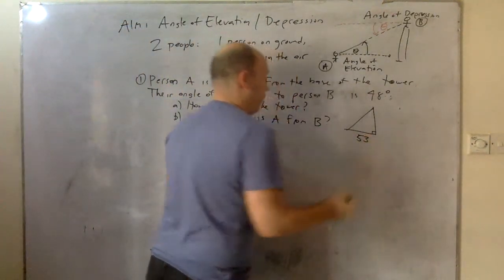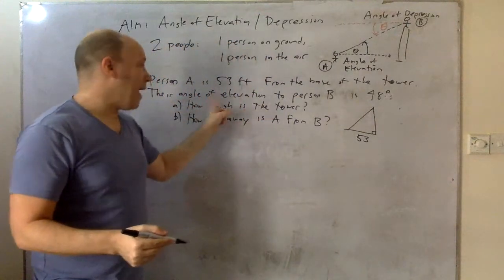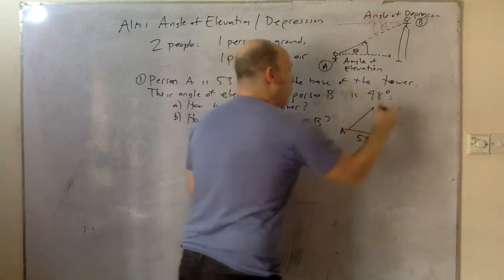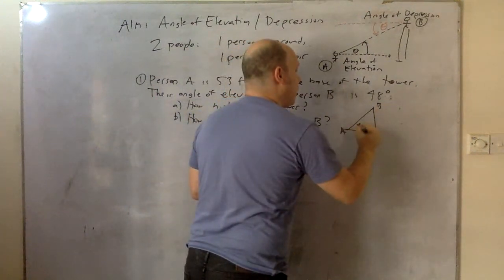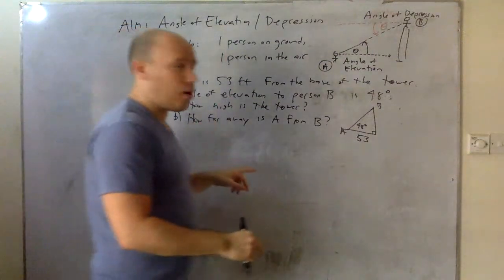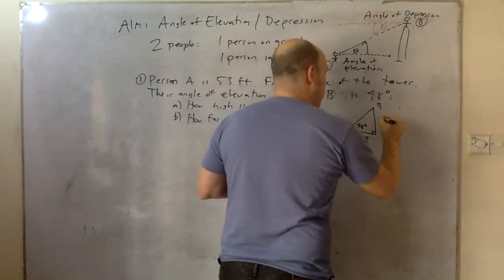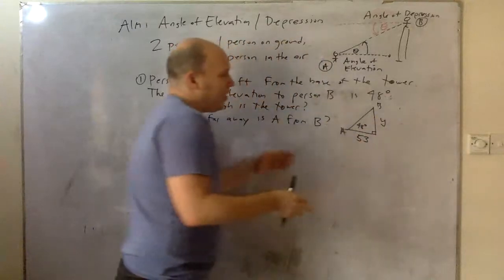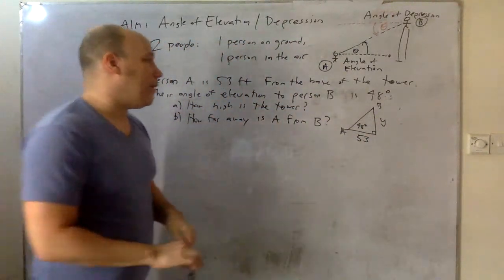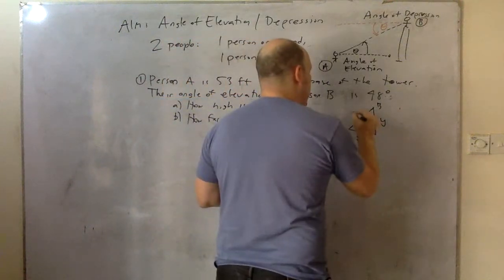So this is 53. And I'm told that the angle of elevation to person B, so this is point A, this is point B, is 48 degrees. And so we're asked to find how high is the tower. Let's call this Y. And how far away from B, let's call this, I don't know, let's call this C.